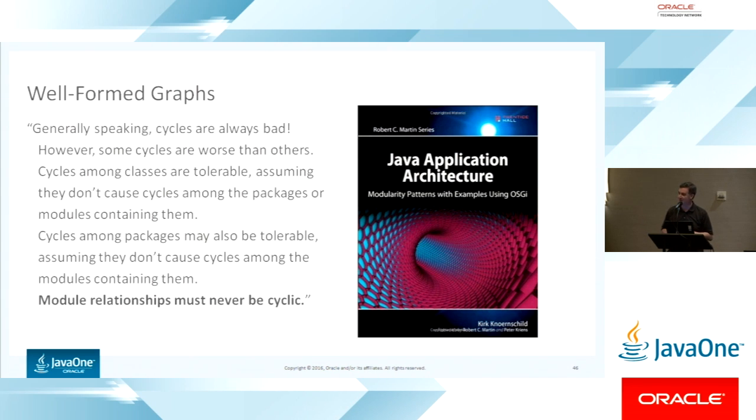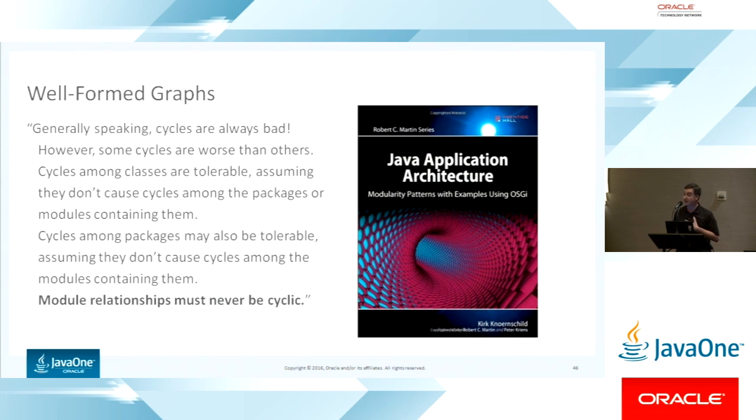However, some cycles are worse than others. Cycles among classes are tolerable, assuming they don't cause cycles among the packages or modules containing them. Cycles among packages may also be tolerable, assuming they don't cause cycles among the modules containing them. Module relationships must never be cyclic. This book is from years ago, nothing to do with the Java module system, but this is good advice.